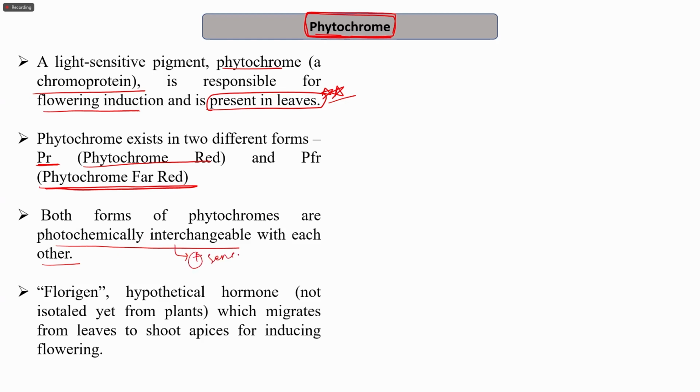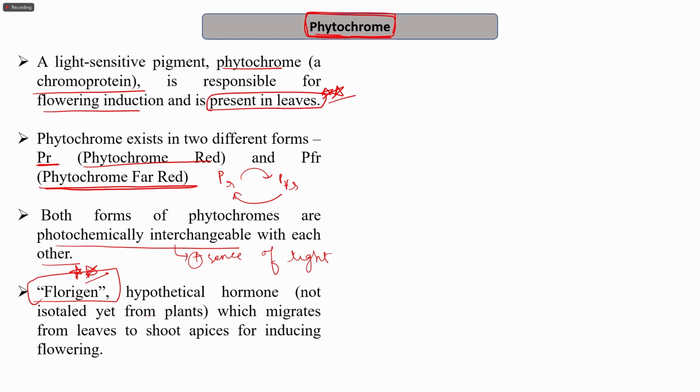So in the presence of light, PR can get converted into PFR, or PFR gets converted into PR. And it is the florigen. This is important. This is a hypothetical hormone. Hypothetical means which has not yet been identified, or it is just a hypothetical hormone which is not yet isolated and proved to be.